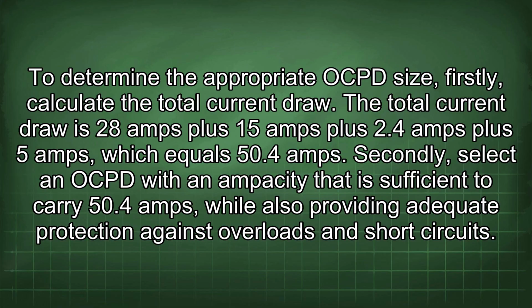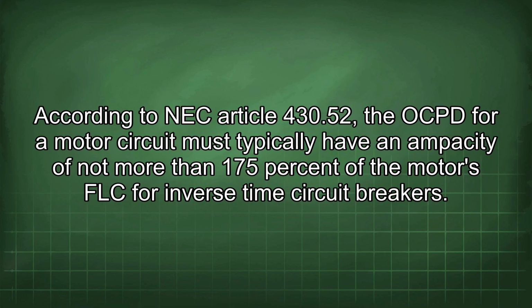Secondly, select an OCP with an ampacity that is sufficient to carry 50.4 amps, while also providing adequate protection against overloads and short circuits. According to NEC Article 430.52, the OCP for a motor circuit must typically have an ampacity of not more than 175% of the motor's FLC for inverse time circuit breakers.